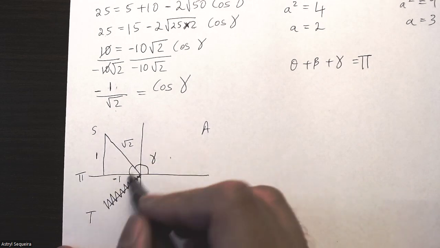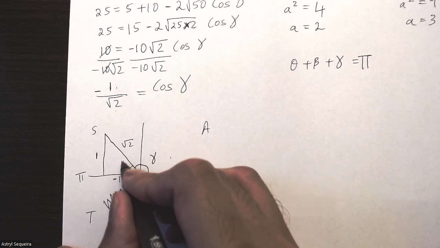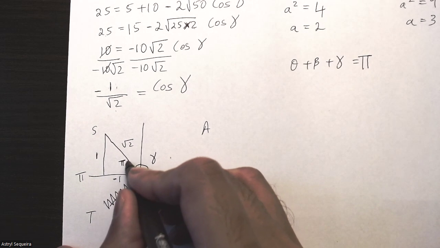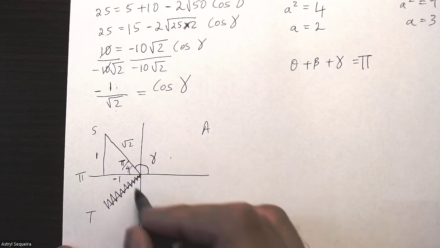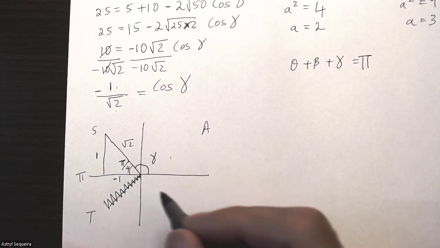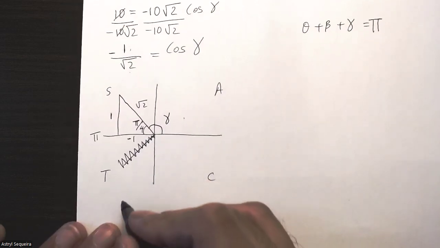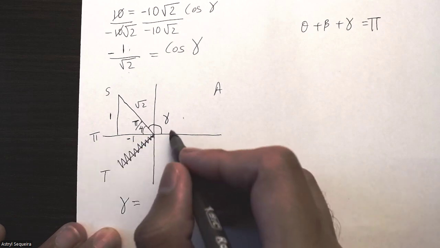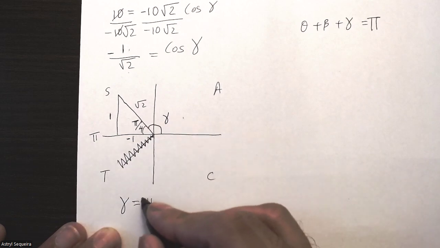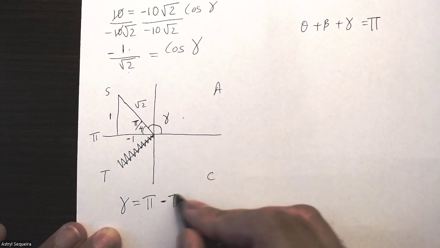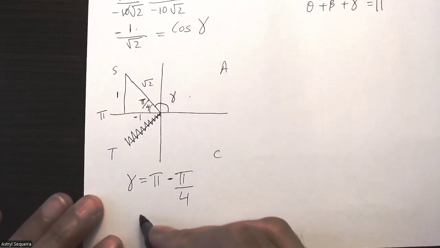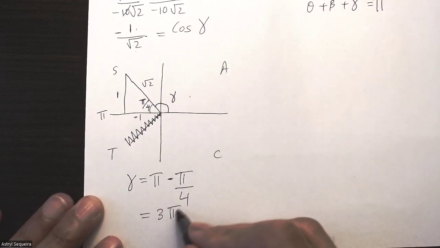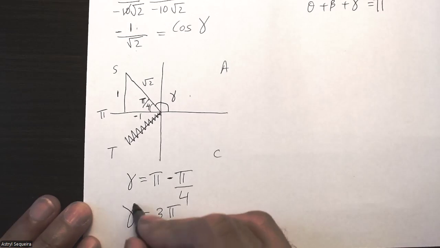And this special triangle over here has this as pi over 4. So the acute angle is pi over 4, which means that we can calculate gamma, the obtuse angle, as half a circle, which is pi, minus pi over 4, which is 3 pi over 4.